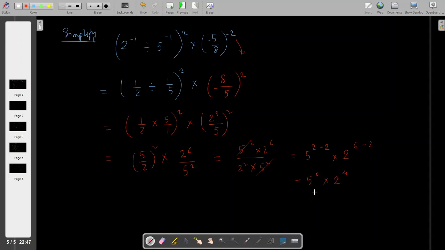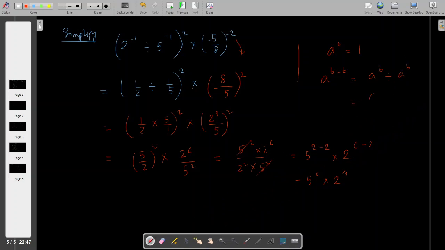So anything to the power 0 is equal to 1. Why is it 1? I'll show you. Suppose a to the power 0 is equal to 1. What happens if, instead of this, you put here b minus b? Okay, so what is a to the power b minus b? a to the power b minus b means a to the power b divided by again a to the power b.